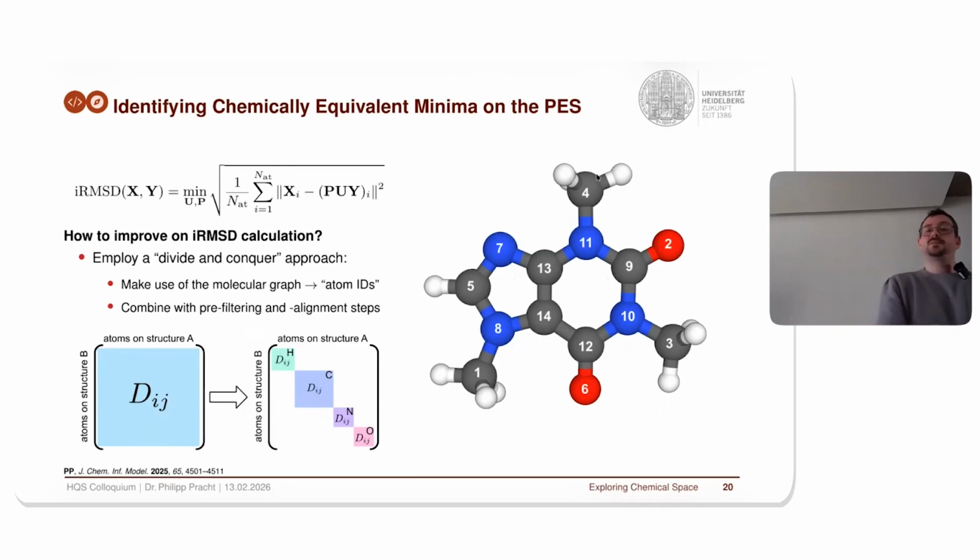Only the hydrogen atoms would have degenerate identities. So each methyl group would have 3 different IDs. And for this molecule, therefore, you would have 3 sub-matrices that you need to solve with the Hungarian algorithm, which is much, much cheaper than trying to solve the whole thing and less error prone.